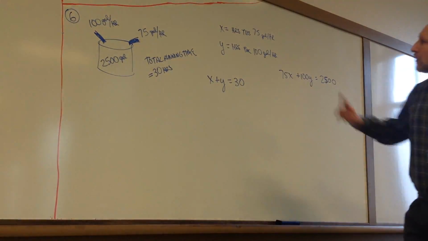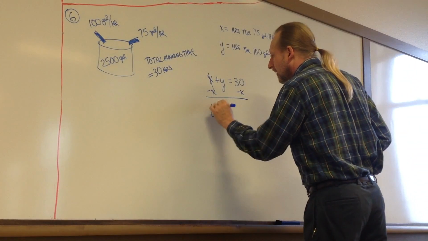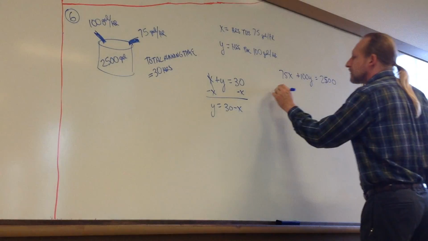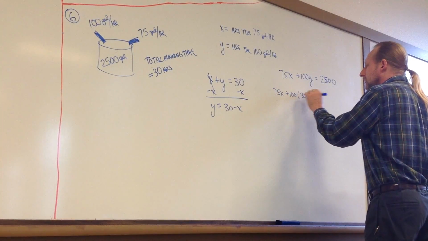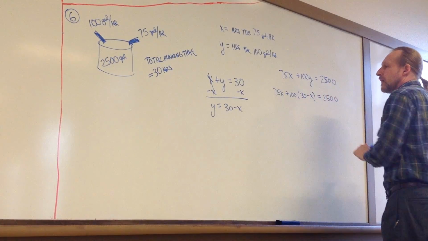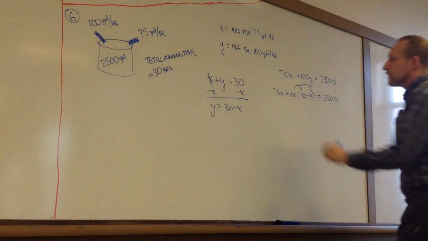Okay, so we're going to do the same thing here. Isolate the Y so that we can substitute in for it over here. So this will be 75X, and then 100 times 30 minus X equals 2,500. And now we want to distribute that 100 into the parentheses.